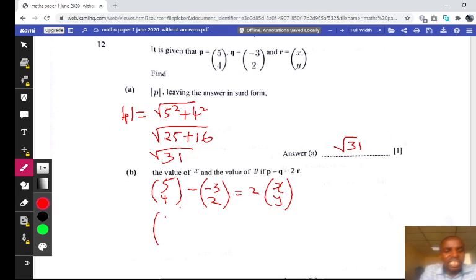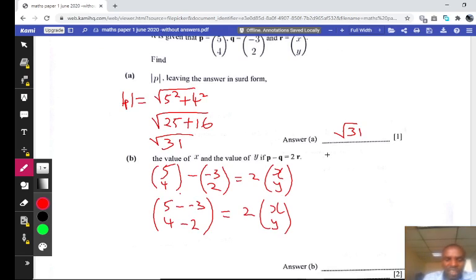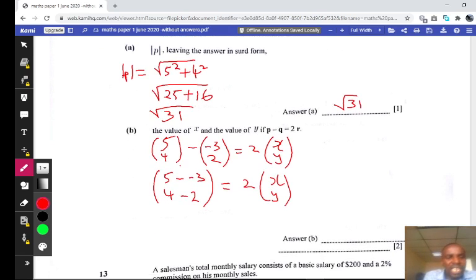After this, let's simplify. 5 minus -3, then the second one will be 4 minus 2, which is equals to 2 (X, Y). Simplify further. 5 minus -3 is 5 plus 3, which is 8.